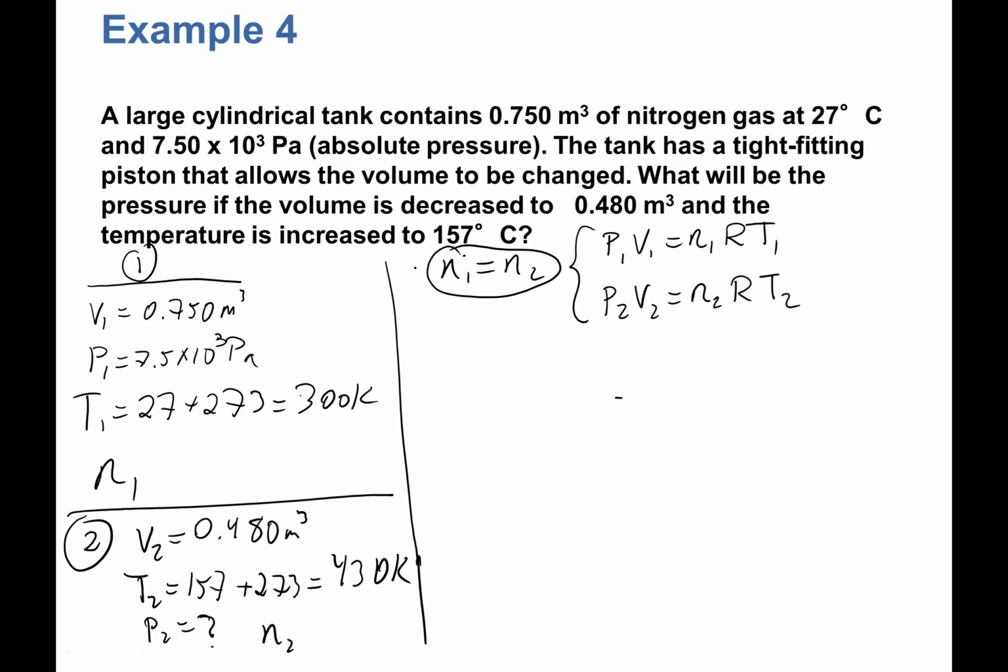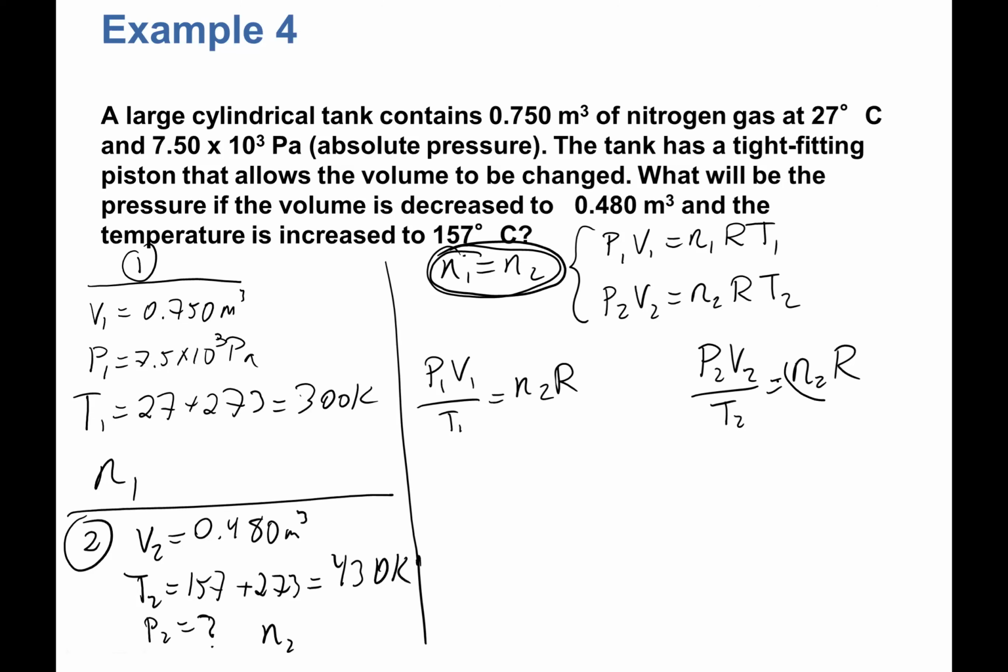If I take equation 1 and divide both sides by the temperature, I have P1V1 over T1 equals N1 R. Then I take equation 2 and do the same, dividing both sides by T2, and I get P2V2 over T2 equals N2 R. Because N1 and N2 are the same, these are the same.